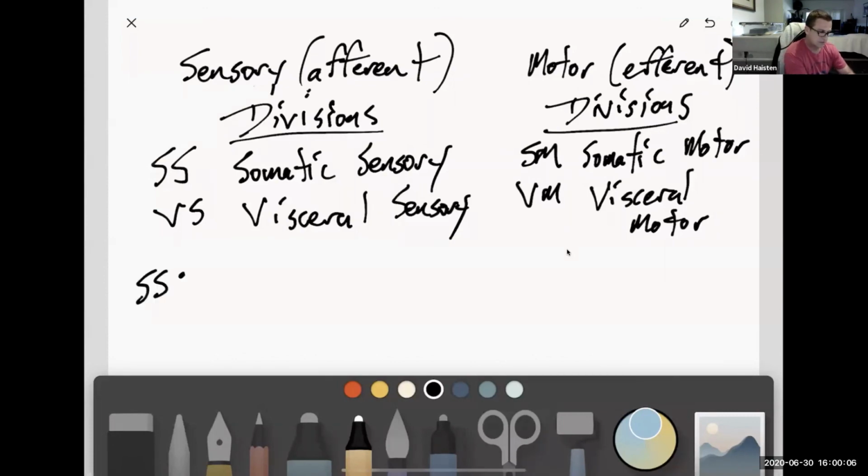but it's special senses, would be vision, hearing, and equilibrium.